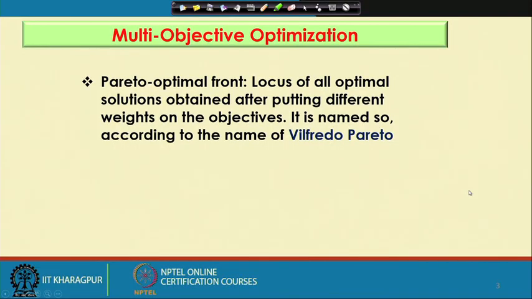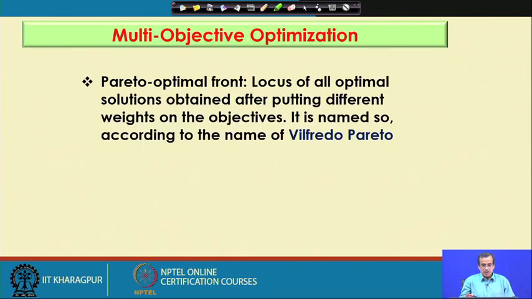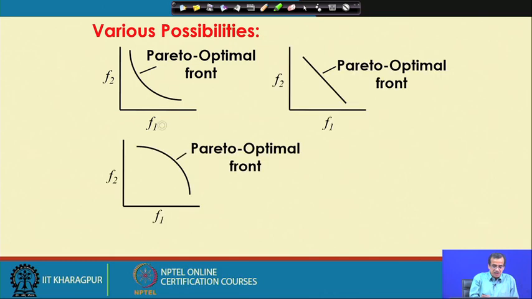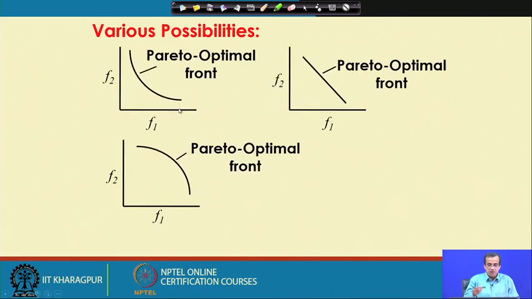Here I have put the same thing: the Pareto optimal front of solution is nothing but the locus of all solutions obtained after putting different weights on the objectives, and it has been named according to the name of the proposer, Wilfredo Pareto. I have considered only two objectives, and our aim is to minimize both objective 1, that is f 1, and objective 2, that is f 2.